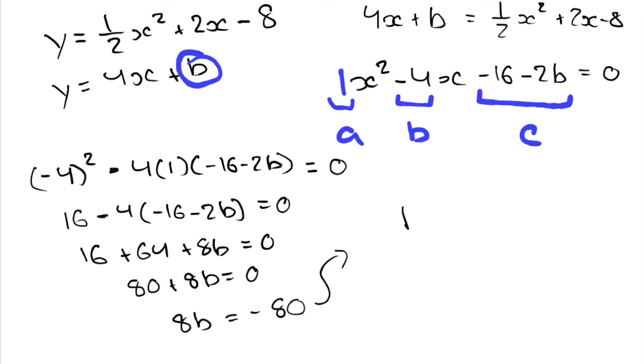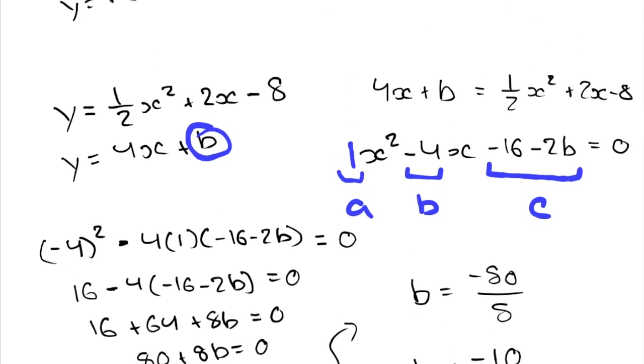And finally, b is equal to -80 over 8, or b is equal to -10. Right? It's really that simple. And now that we know the y-intercept of the line, we can write this equation as y is equal to 4x minus 10.